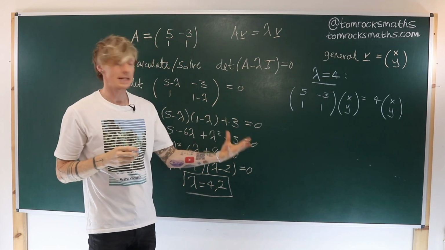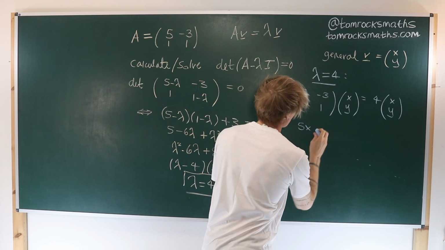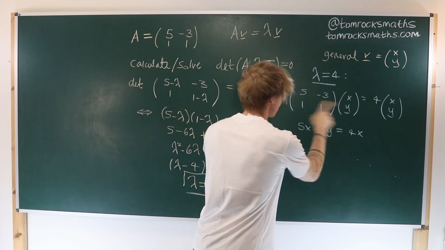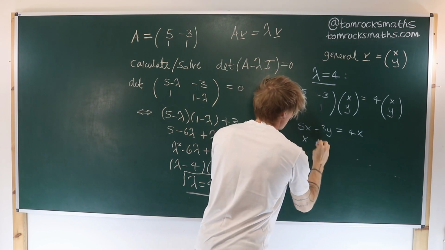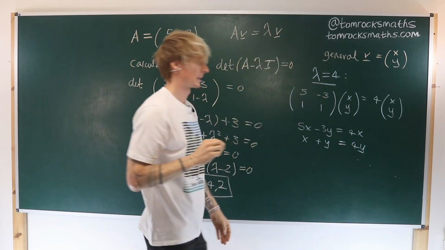So now we can expand this out. So the first row is going to give me 5x minus 3y has to be equal to 4x. And the bottom row says x plus y is equal to 4y.